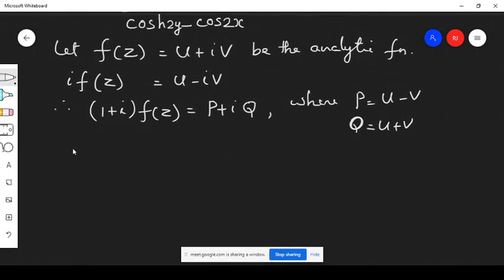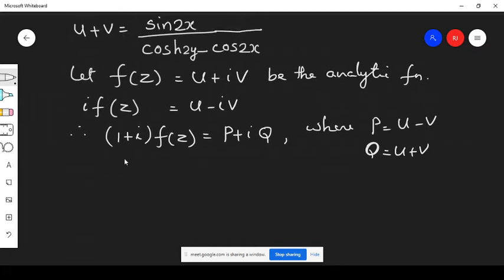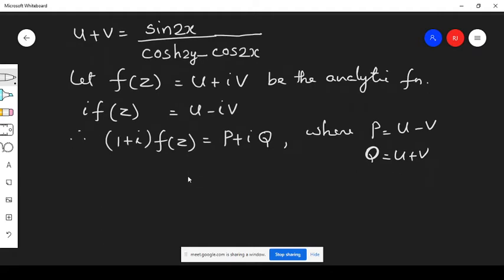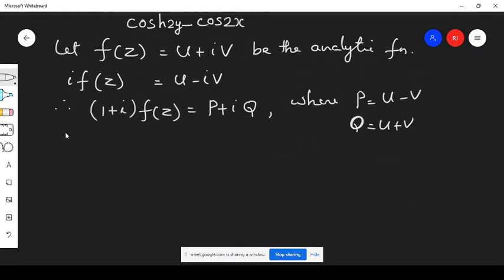Now here what is given, u plus v is given, which means q is given. So (1 + i) f'(z) is equal to px + iqx.